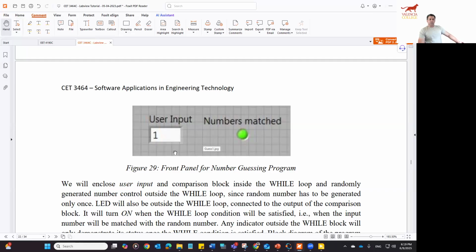The idea is that as soon as the user guesses the number that is randomly generated, the program is going to stop and the light is going to turn on, which shows that the generated number matches the number the user entered. That's the whole idea of the program.